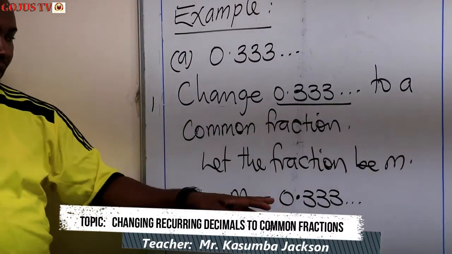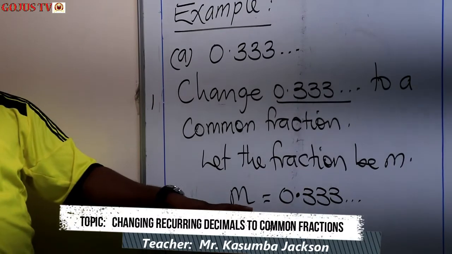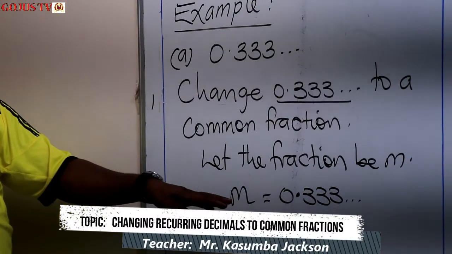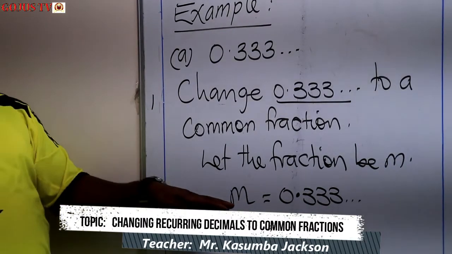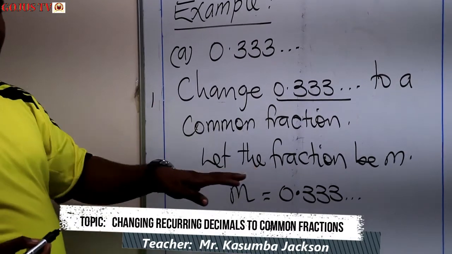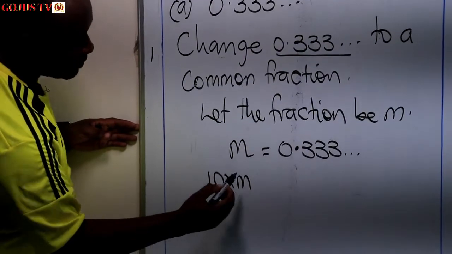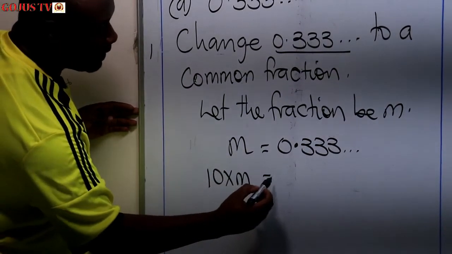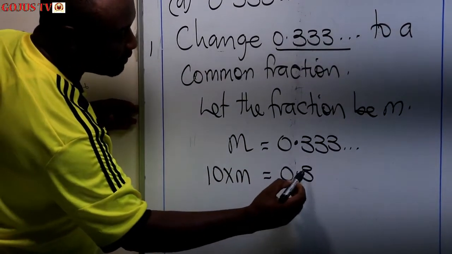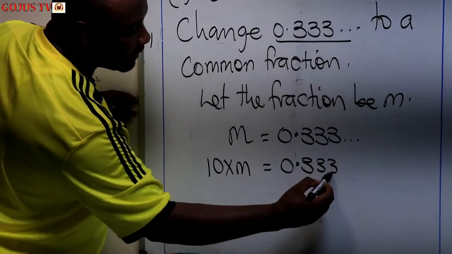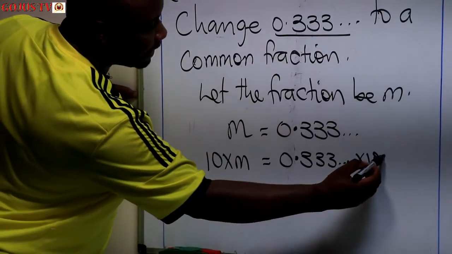Since we have already created an equation, what we do on the other side must be done this side. So we shall multiply 10 on this side such that we get 10 multiplied by m, and this side we shall have 0.333 recurring, also multiplied by 10.